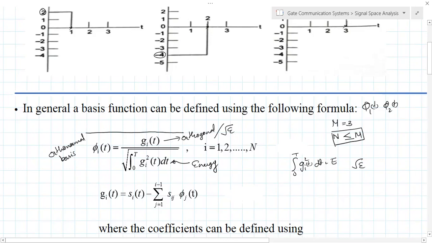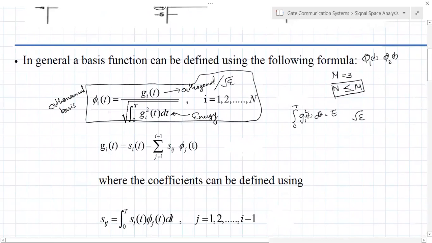So we can write g1(t), g2(t), g3(t), etc. And the next question: how can we calculate g1(t), or in general g_i(t)? g_i(t) is calculated using the second formula, where g_i(t) is given by s_i(t), which is a given signal.